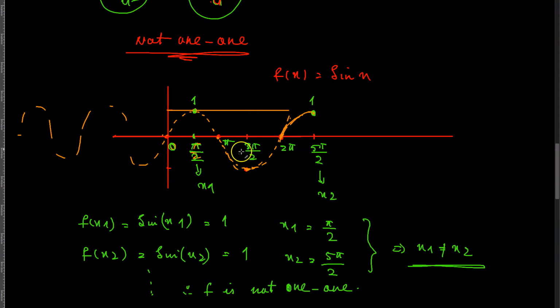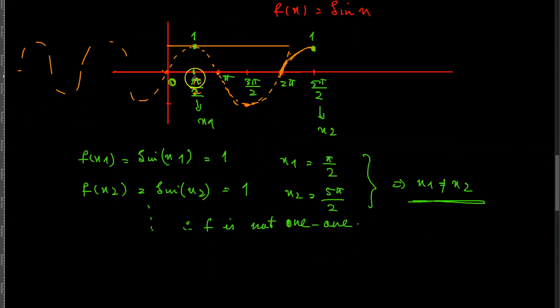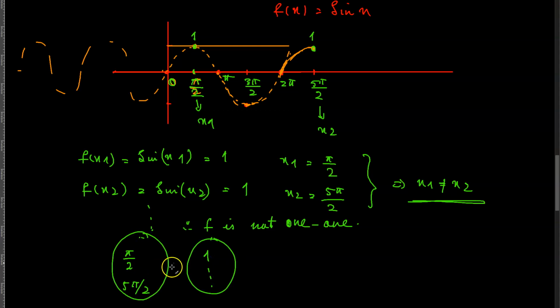Which means that in the domain of the function, you have this member of the domain which is pi by 2, and also you have this member of the domain which is 5 pi by 2, and in the range of the function you have all of these values ranging from -1 all the way up to 1, right? So I write only the 1 over here, and there are all kinds of numbers here, and also all kinds of numbers here.